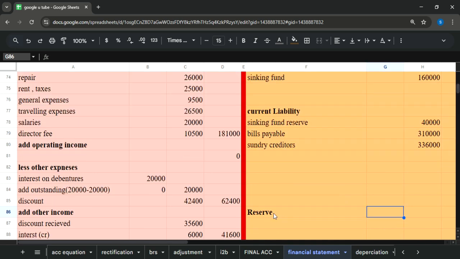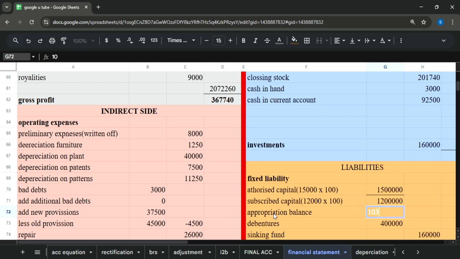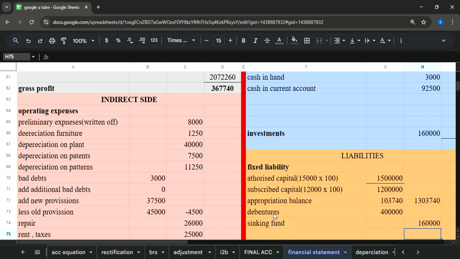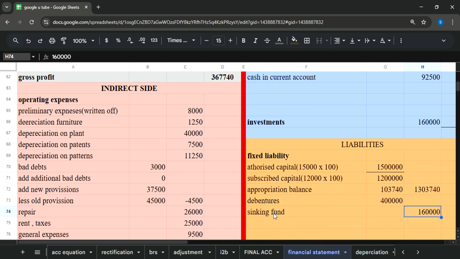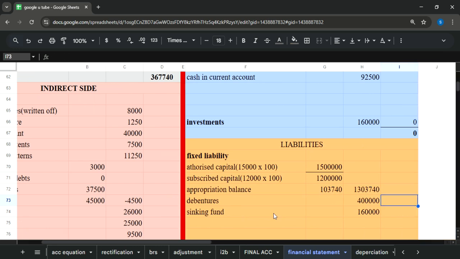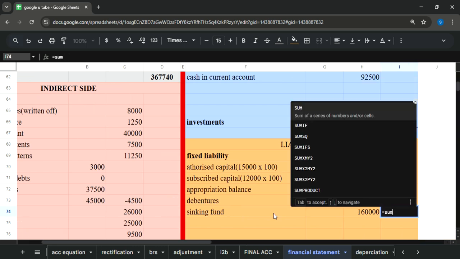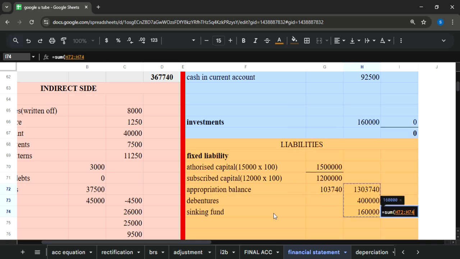Amount of appropriation balance 103740. Okay, it means we can calculate total capital including appropriation balance. There are two additional fixed liabilities as well. When we take the sum of these three, we will get fixed liabilities.